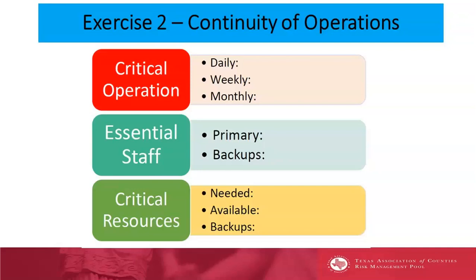So again, you could make several copies of this page here, give it to different departments, and like I said, gather it all together and come up with at least being able to identify these critical operations. What staff is it going to take to do it, and what resources will I need to do these critical operations?